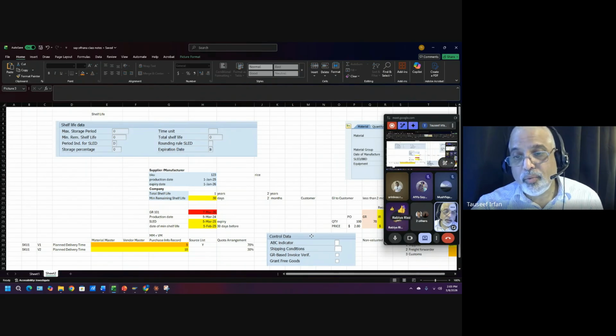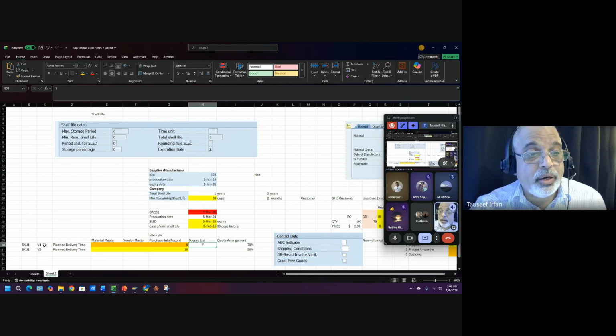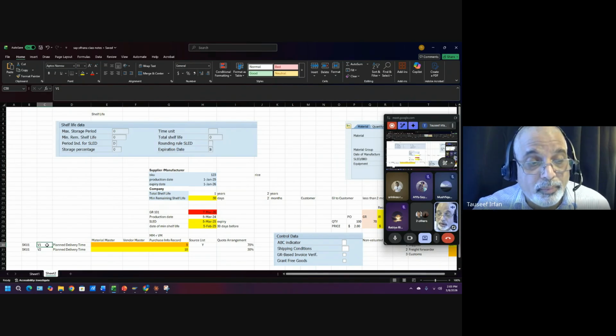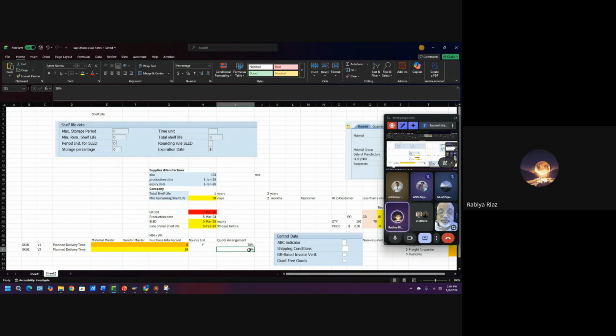Understood why I am doing this? Because if my preferred vendor is someday not available, or has gone bankrupt, or something happened in that country, war or something, I have to jump to my alternative vendor. But if I never do business with that guy, he's not going to entertain me. Agree, Rabia? So I have to do a little bit of business with them.